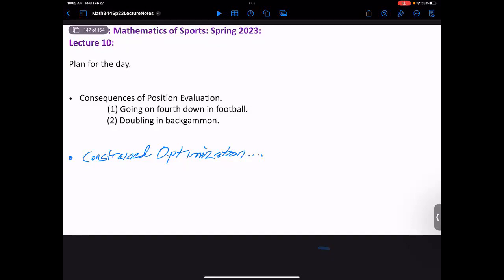Now, we haven't talked about the value of a walk. Is it easy to calculate the value of a walk? Can we figure out the game state transitions? So what's the game state transition for a walk? Who can phrase it nicely?